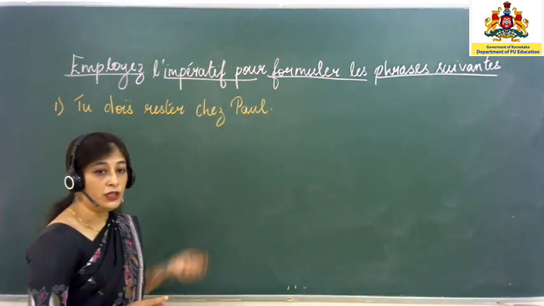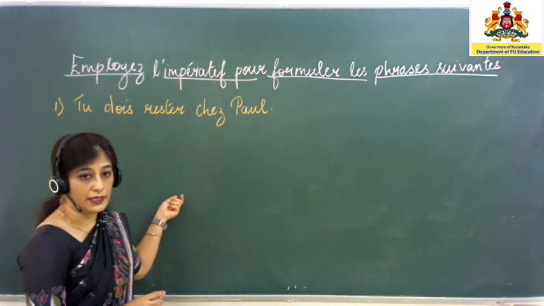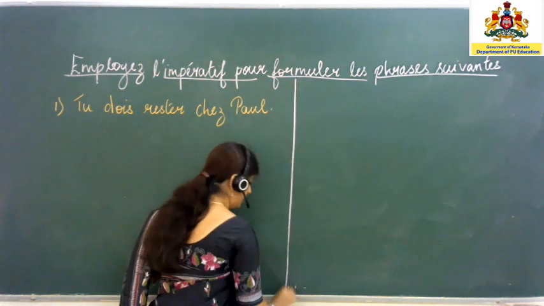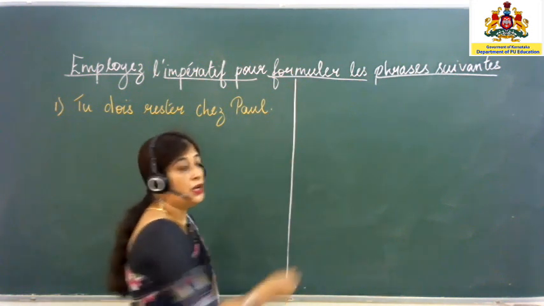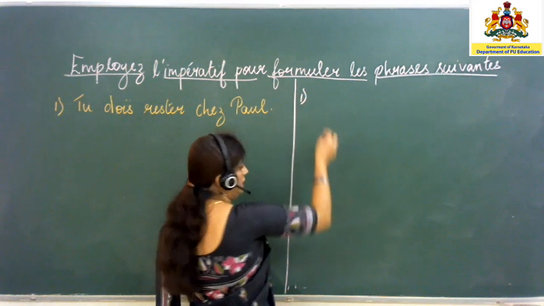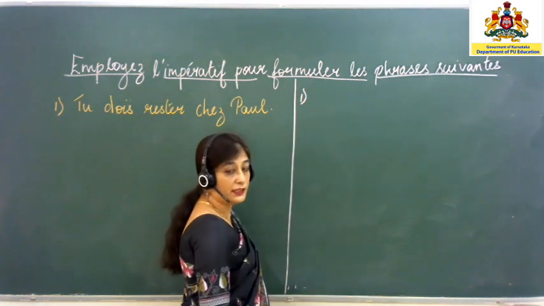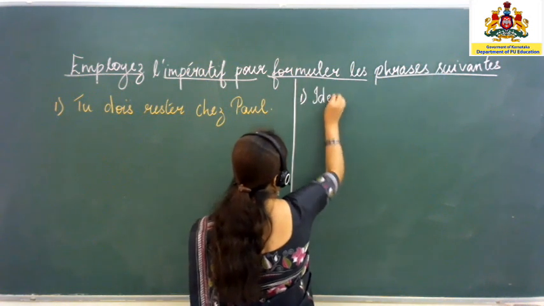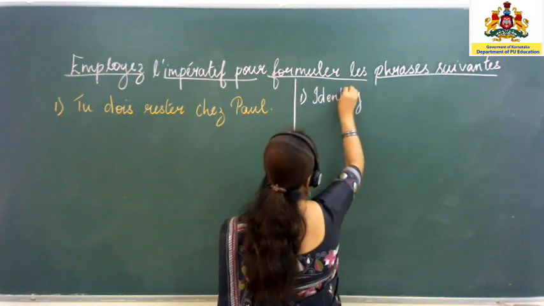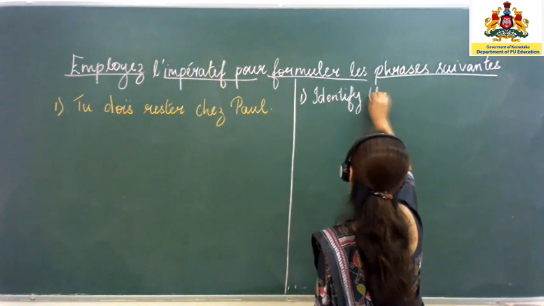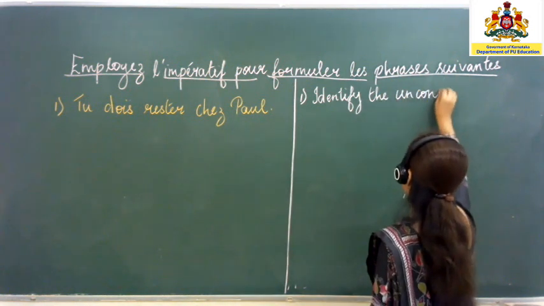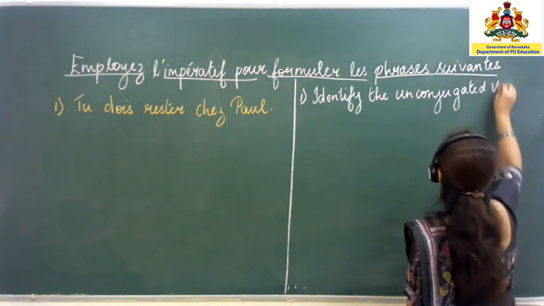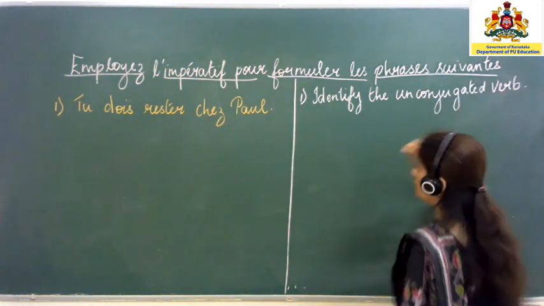Now we are going to see how to change this particular sentence to the imperative. So let me give you the rules on this side of the board. Fine. So the first thing that we need to know is that we need to identify the unconjugated verb. Identify the unconjugated verb.